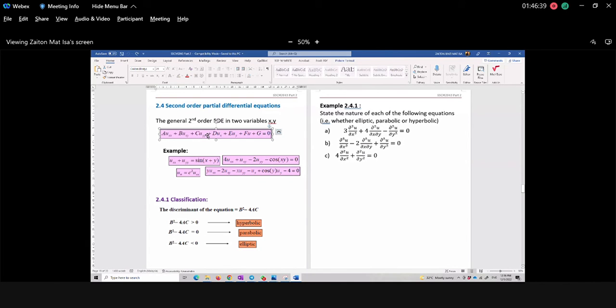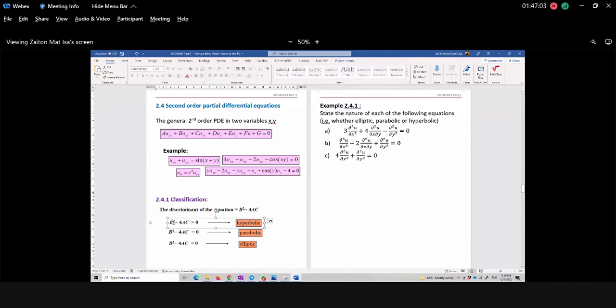If our second order PDE is in this form, this second order PDE can be classified as hyperbolic second order PDE if B squared minus 4AC is greater than 0.